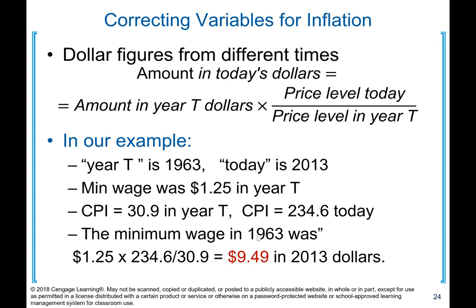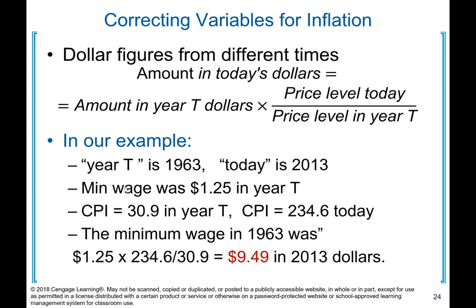The minimum wage in 1963 using this formula is 1.25 times 234.6 over 30.9, and that gives you 9.49.